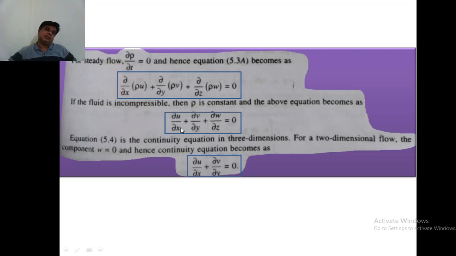Del u by del x plus del v by del y plus del w by del z is equal to 0. This is the final equation, and it is called the continuity equation in 3 dimensions. If you want it in 2 dimensions, you just remove any one direction and you get the 2-dimensional continuity equation.